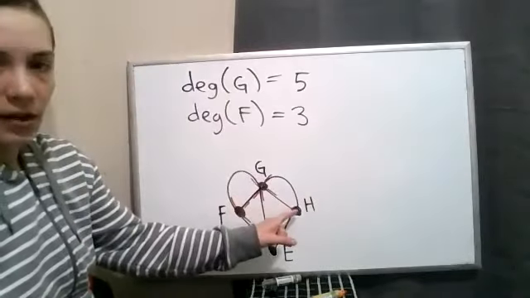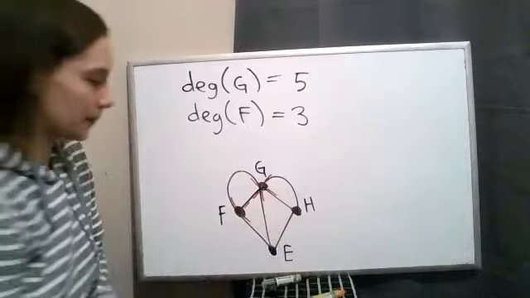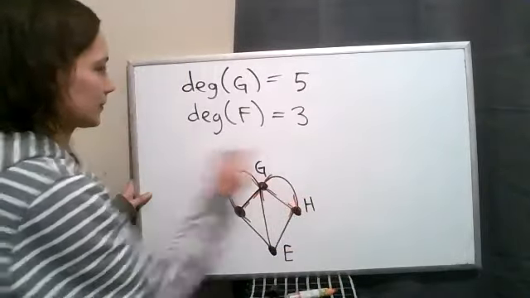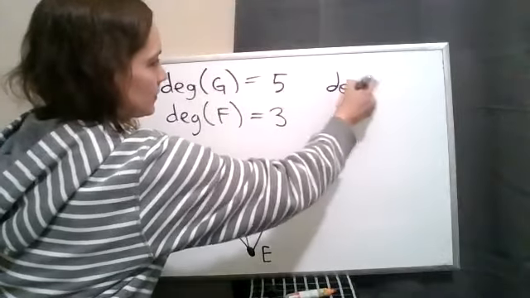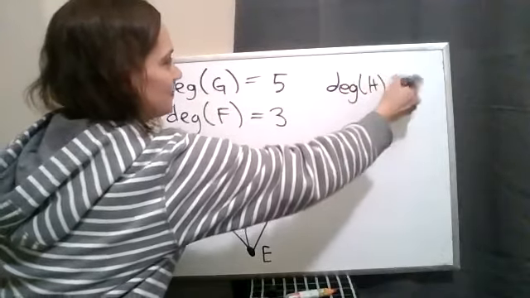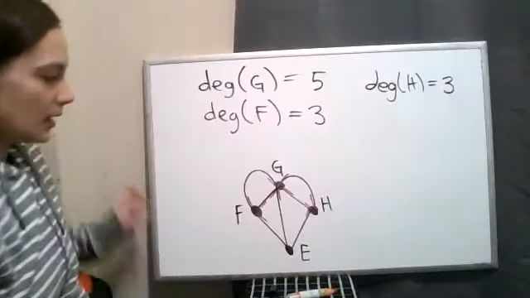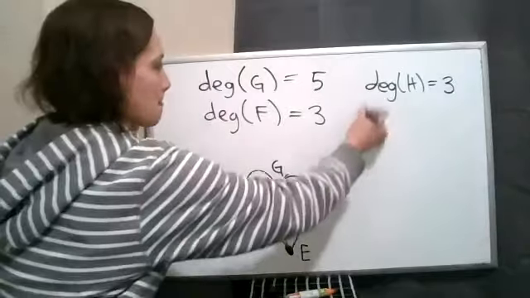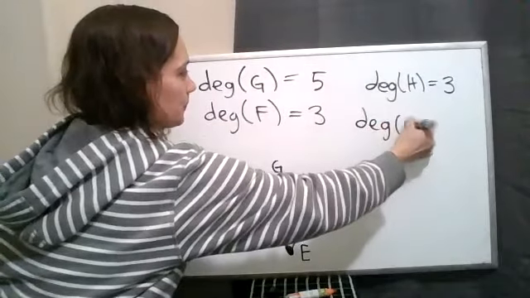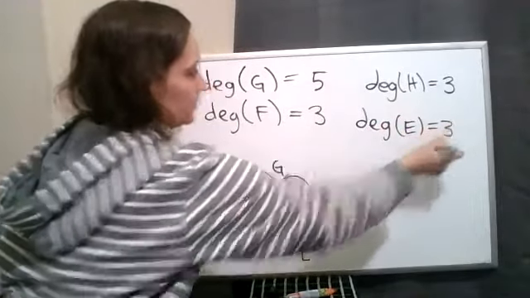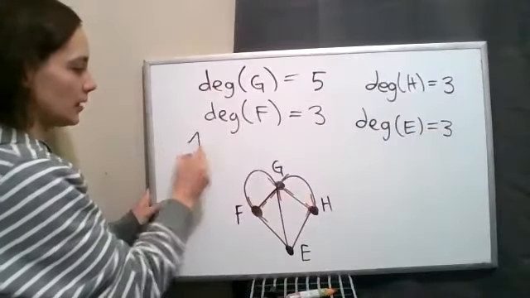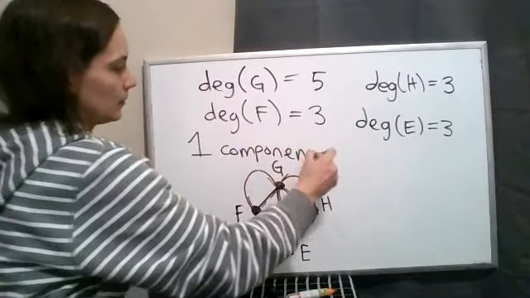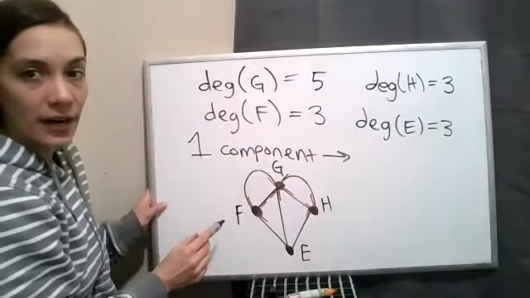Right, H also has degree 3. And E, degree 3. There is one component, which means this is a connected graph.